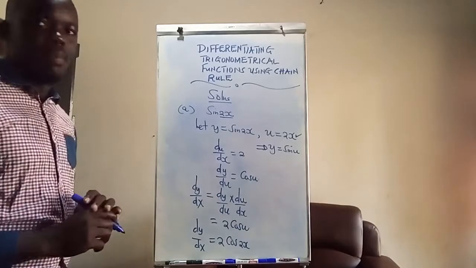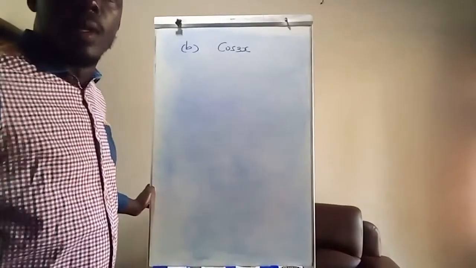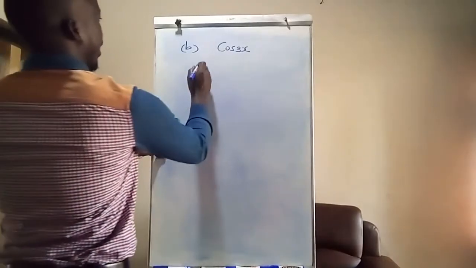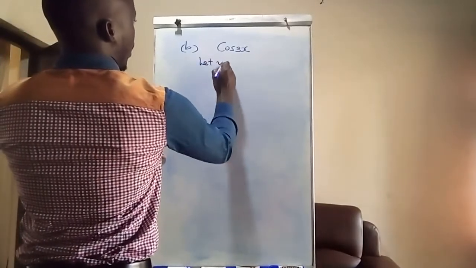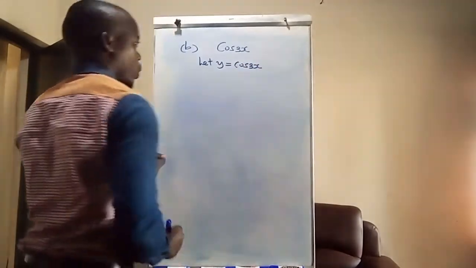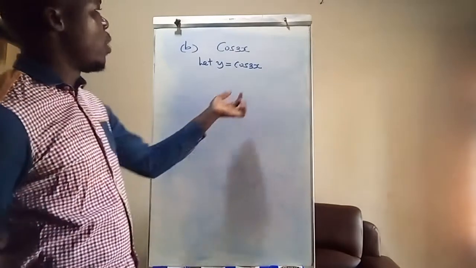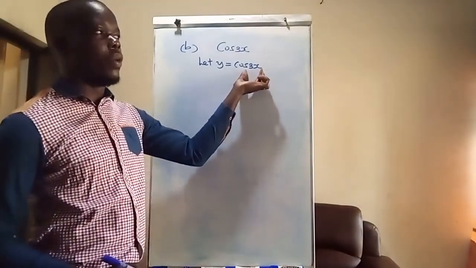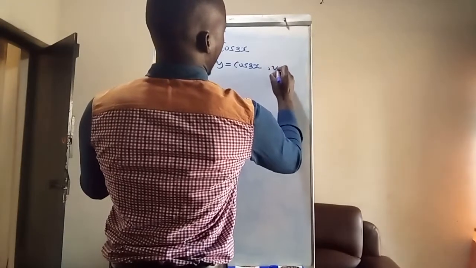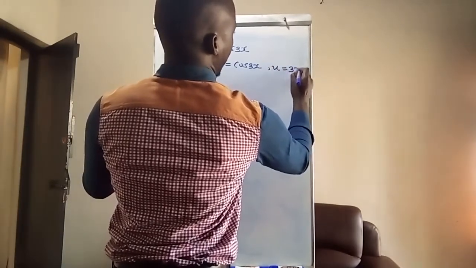Let us move on to part B. Part B says cos of 3x. Now we shall let y to be cos of 3x. Then again we put interest in the angle. So this will mean that we shall also let u to be the angle, which is 3x.